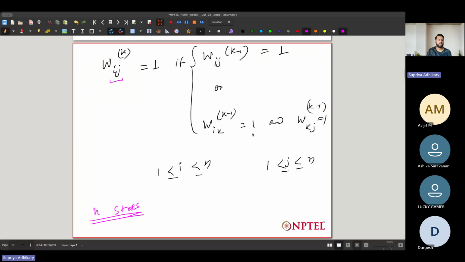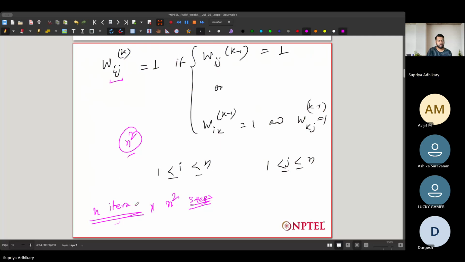And how many ij pairs are there? Because i is running from 1 to n and j is also running from 1 to n, there are a total of n square many such situations. Sorry, there should be n many iterations. Instead of saying steps, you can say that there are n many iterations. And at each iteration, we have n square many steps, that is, n square many checks that we have to compute in order to find out the Wij.